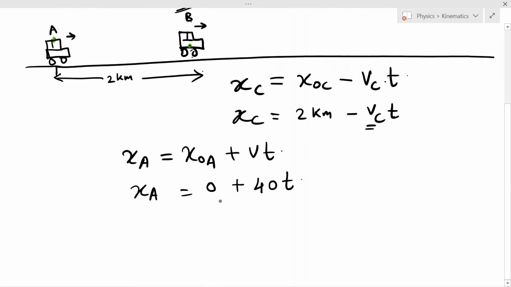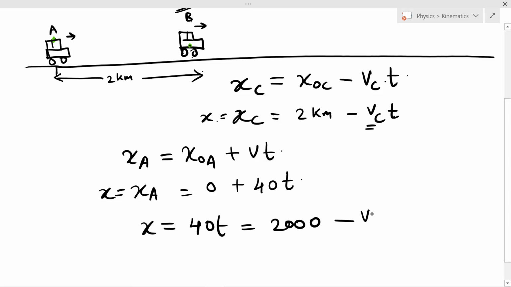Let me equate these to X, because XA and XC will be meeting. So this will be 40 times t is equal to 2000, because 2 kilometer is 1000 into 2, minus VC, which we have to calculate, into t. Now t is 40 seconds. So this will be 40, this will be 40.